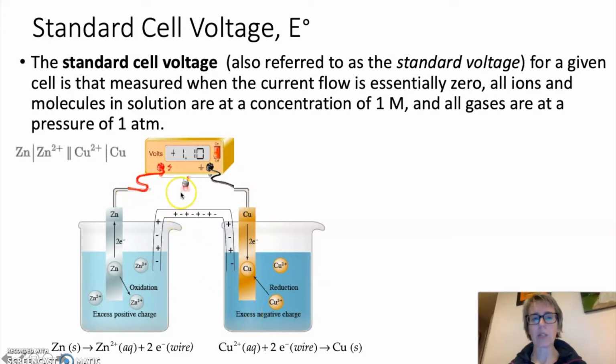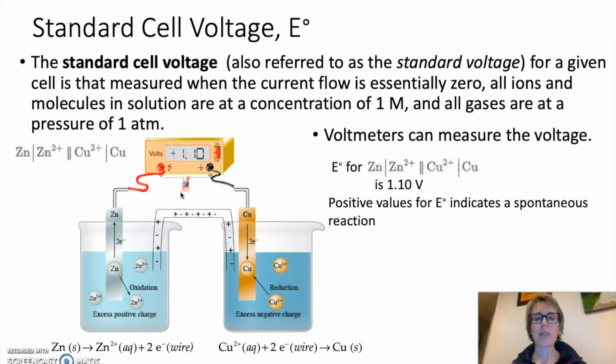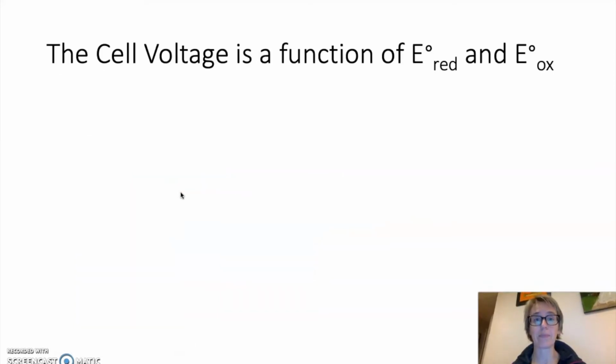If we want, we can even put a little LED lamp on there. For this particular cell, using zinc and copper, the cell voltage is 1.1 volts. A positive value for that cell voltage indicates that this reaction is spontaneous in the direction that we've defined it.